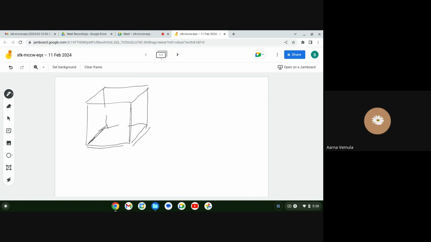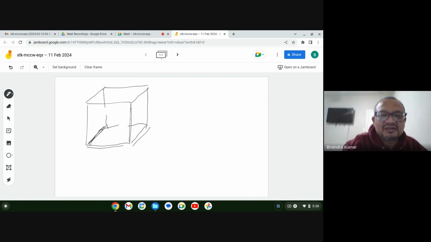So this cube is nothing but a type of dice, where the length, width, and height are all of the same size. So let's say the length is 2 centimeter, your width is also 2 centimeter, and height is also 2 centimeter.